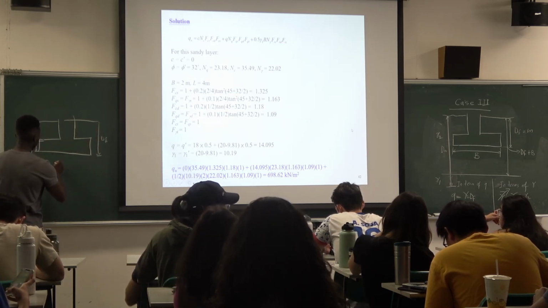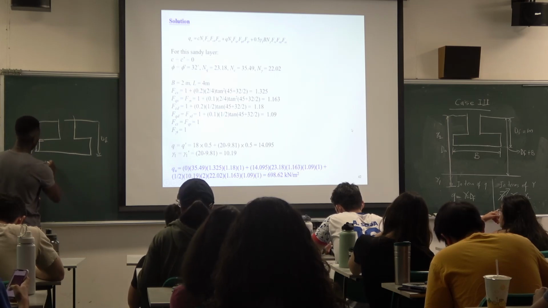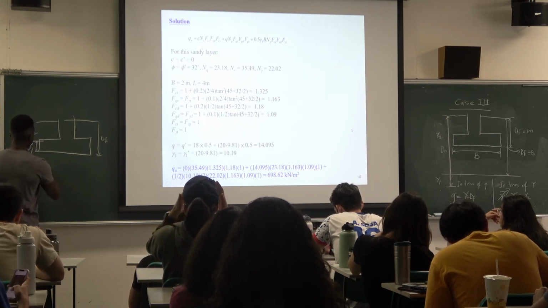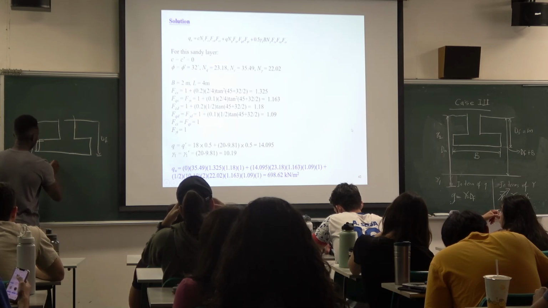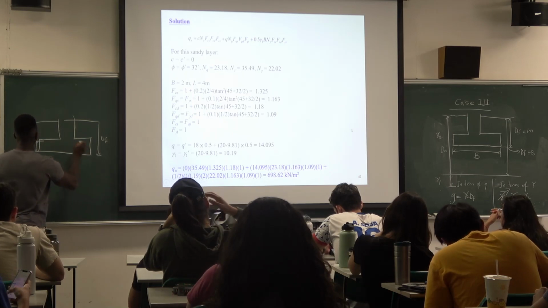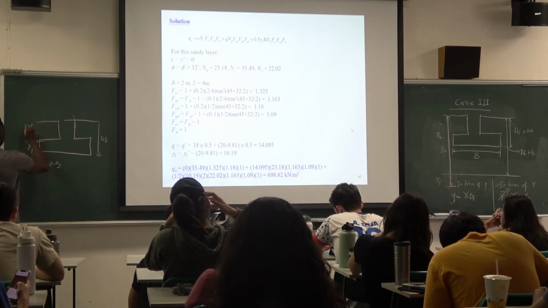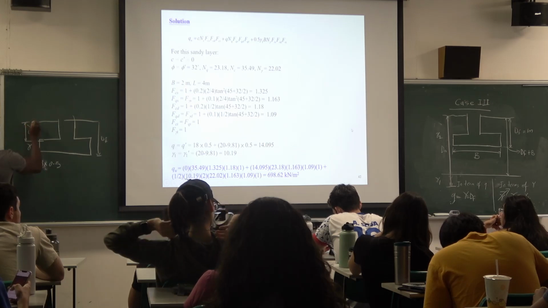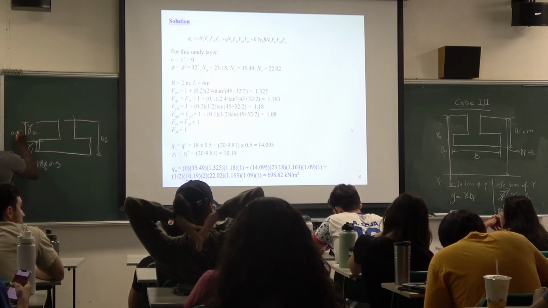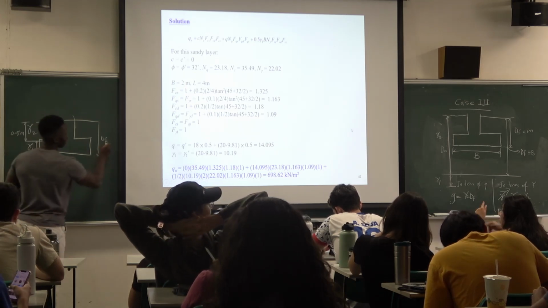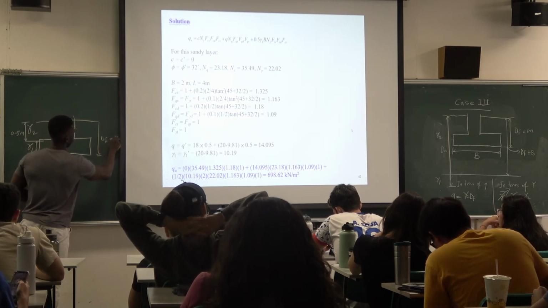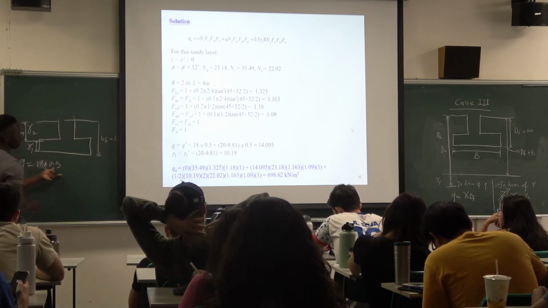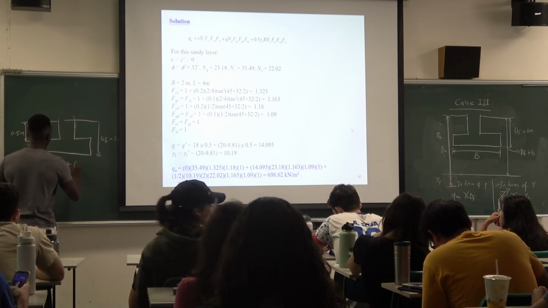In this case that is 18 multiplied by 0.5. So here to here is 0.5 meters, and then here to here is 1 meter. Okay, so 18 multiplied by 0.5 plus.